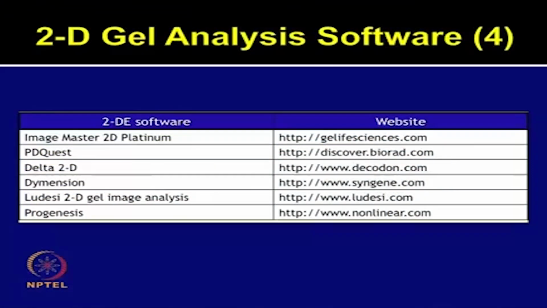There are various commercial softwares which are available for comparing 2D gels, such as Image Master 2D Platinum from GE Life Sciences, PDQuest from Biorad, Delta 2D from Decodon, Dimension from Syngene, Ludici 2D gel image analysis software, Progenesis from Nonlinear.